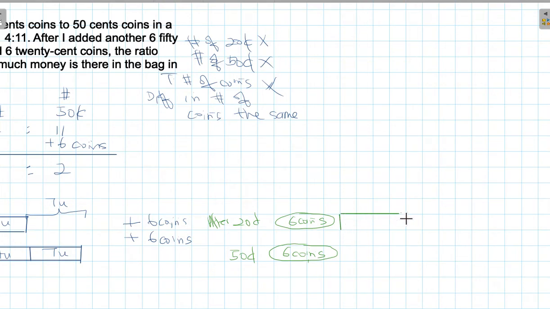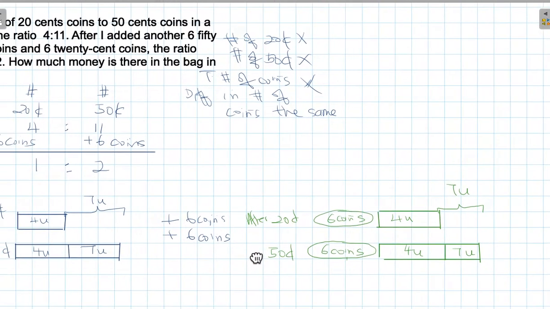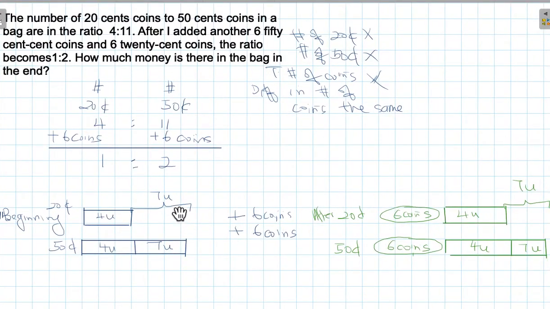Then here is 4 units, right? Can you see that my difference in the number of coins between the 20 cent and the 50 cent remains the same?